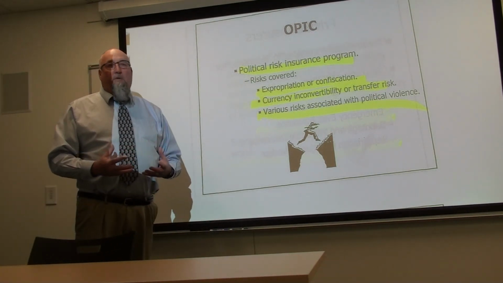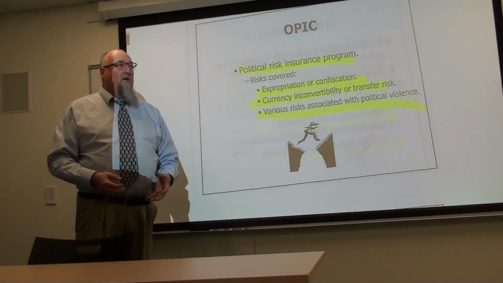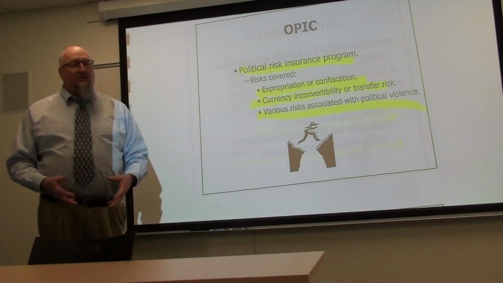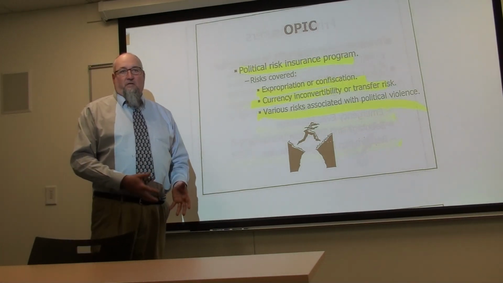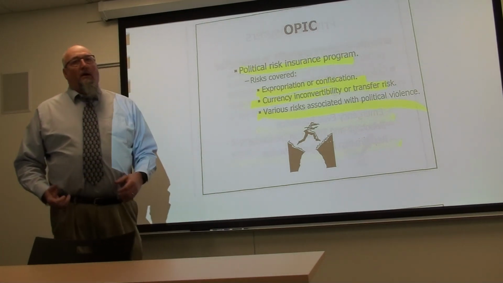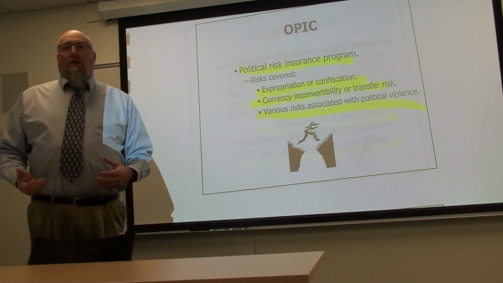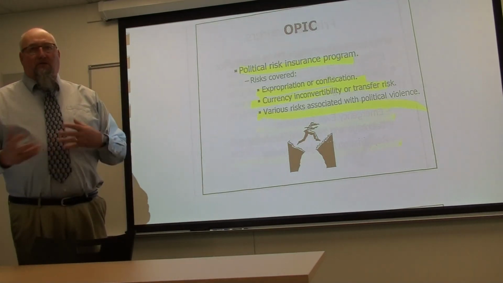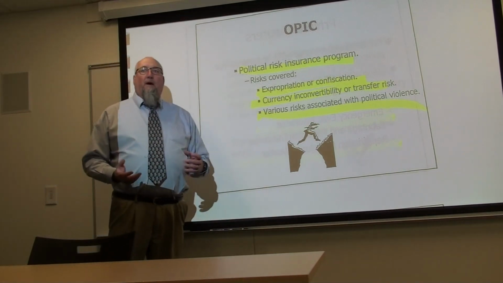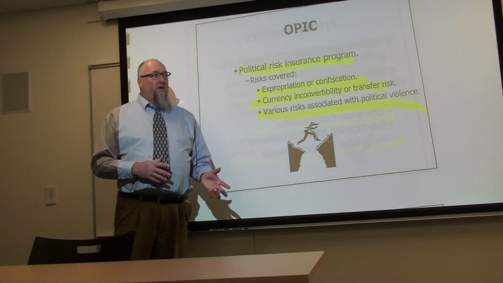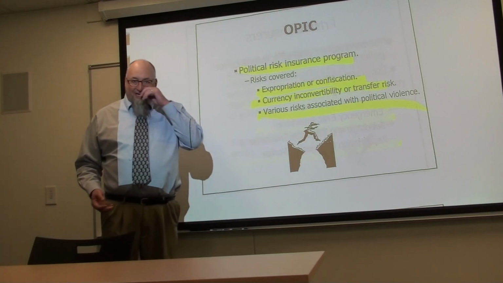Now that's very important because it's a streamlined process. Number one, I can file domestically if I'm not paid. I could file a court case in the United States courts. I'm paid in the currency, US dollars or euros, whatever the case may be. So I don't have to worry about converting from a foreign currency through the exchange process.